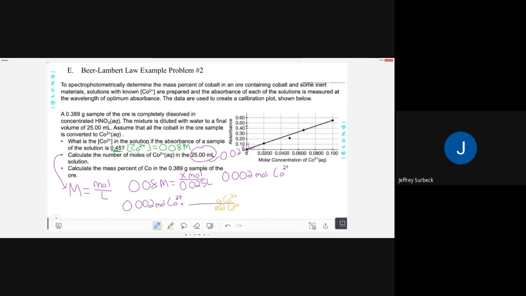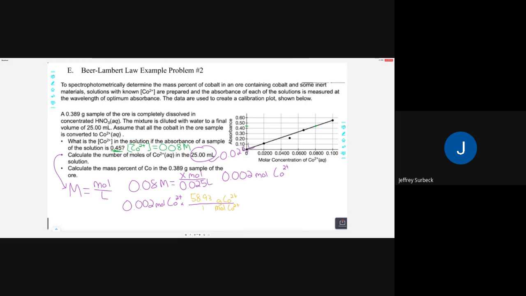Now, gram over mole or mole over gram of one element, where would I find that info? Periodic table. Now I'm just going to give it to you. The molar mass is 58.93 grams per 1 mole.